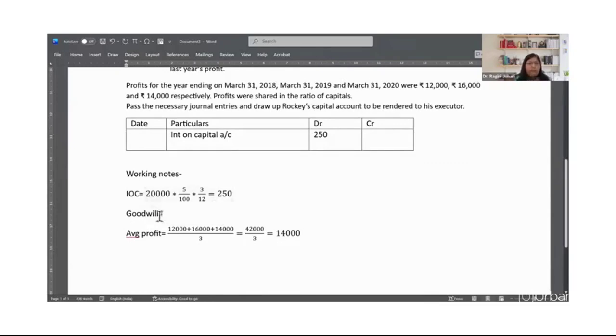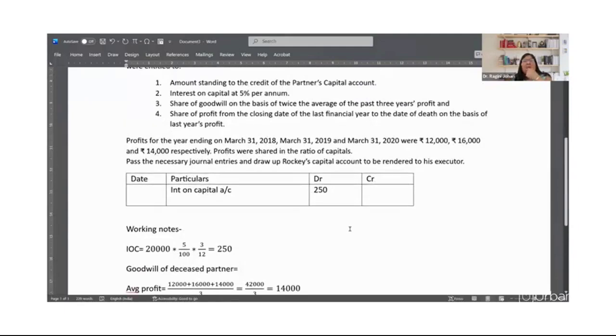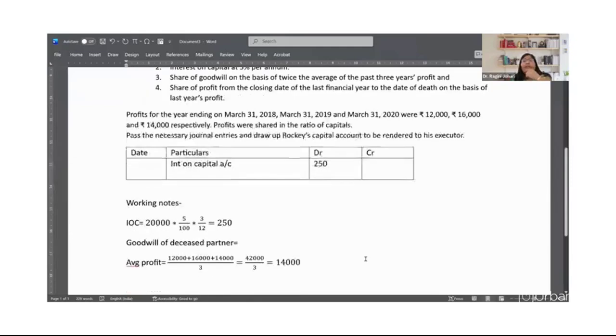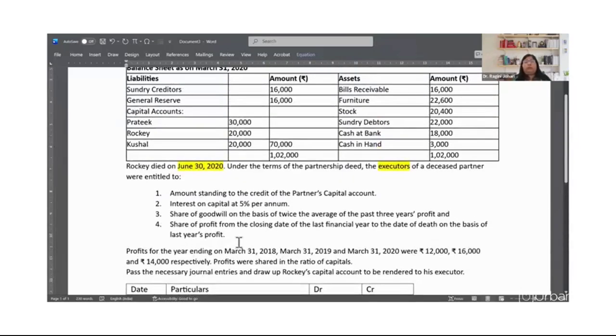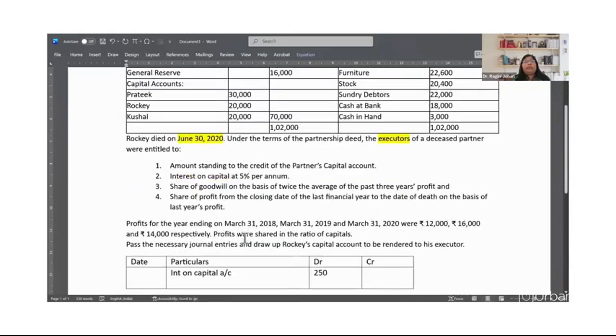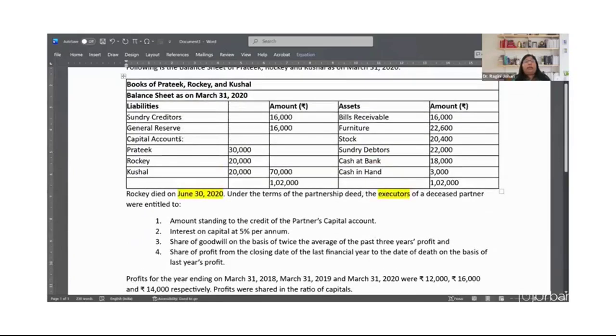So we will be calculating straight away the goodwill of the deceased partner. This would be 14,000 multiplied by, now goodwill will be given to him as per his profit share. Profits are shared in the ratio of capital contributed, that is, the profit share will be 3 is to 2 is to 2.